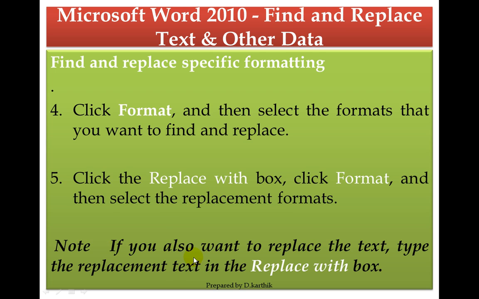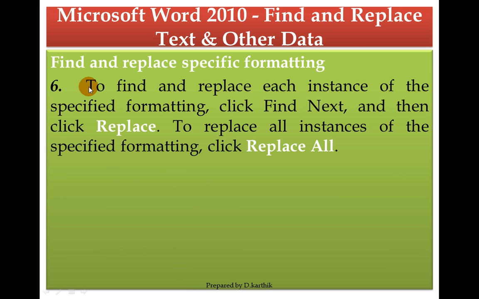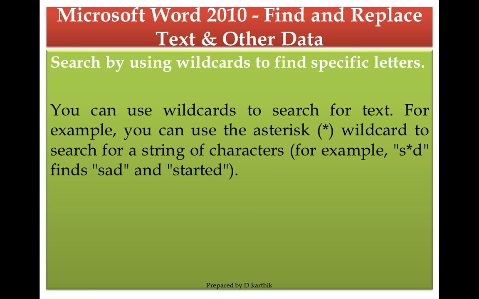Note, if you also want to replace the text, type the replacement text in the replace with box. To find and replace each instance of specific formatting, click find next and then replace. To replace all instances of specified formatting, use replace all. Whenever you want to replace all, you use the option replace all.